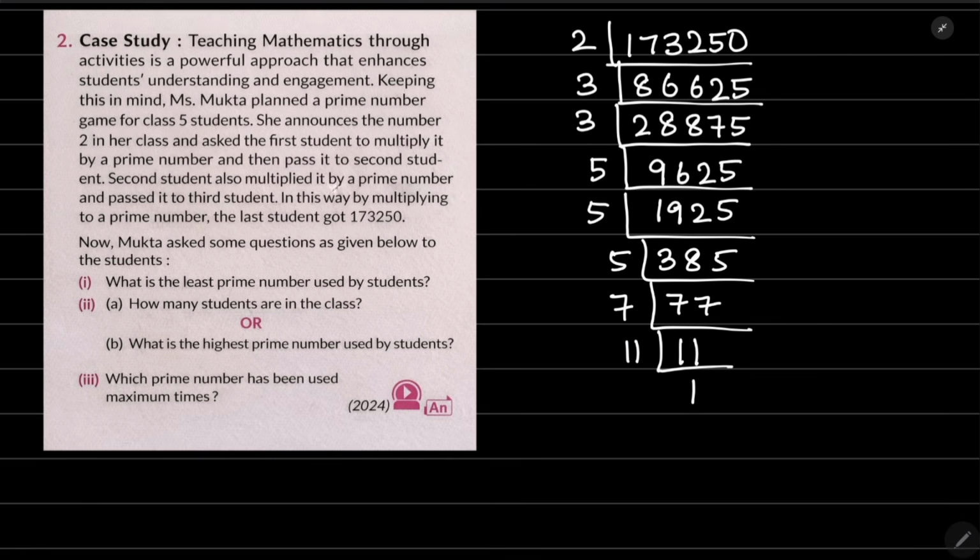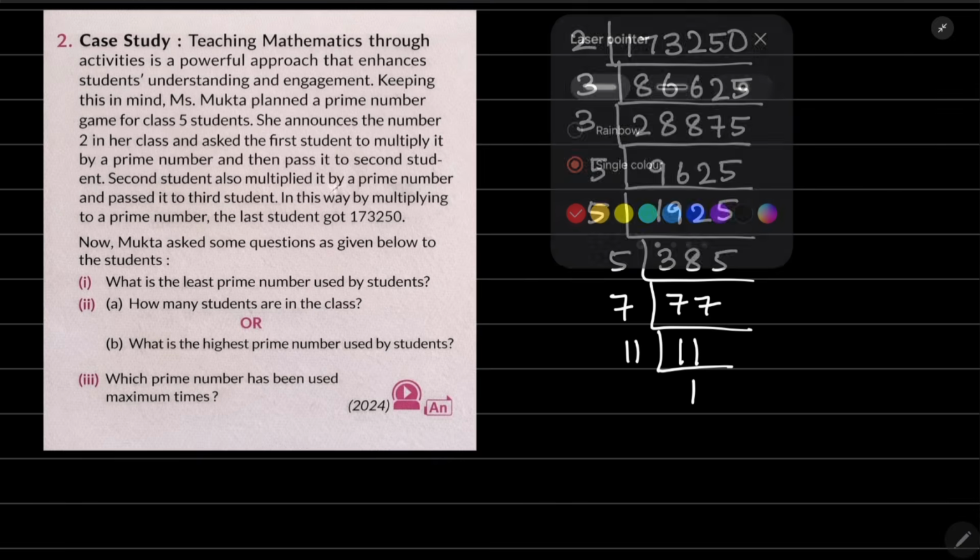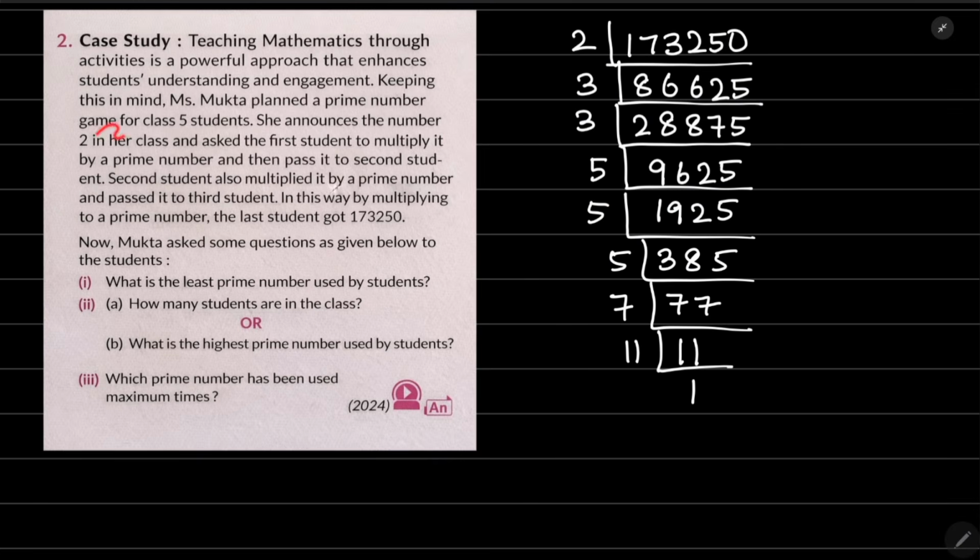So now we have written this particular number, 173,250, as a product of primes. Now what is the first question? What is the least prime number used by students? What you have to understand in this question is that the teacher has already started with the number 2. She announces the number 2 in her class and then asks the first student.